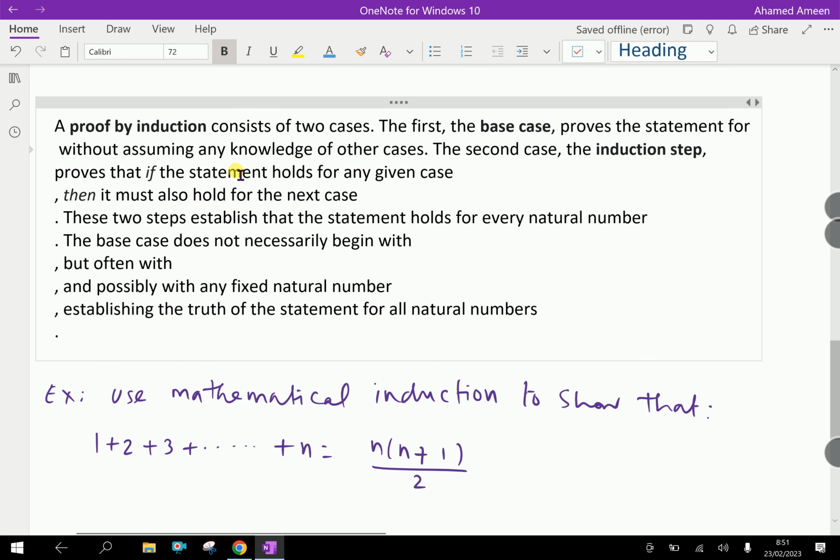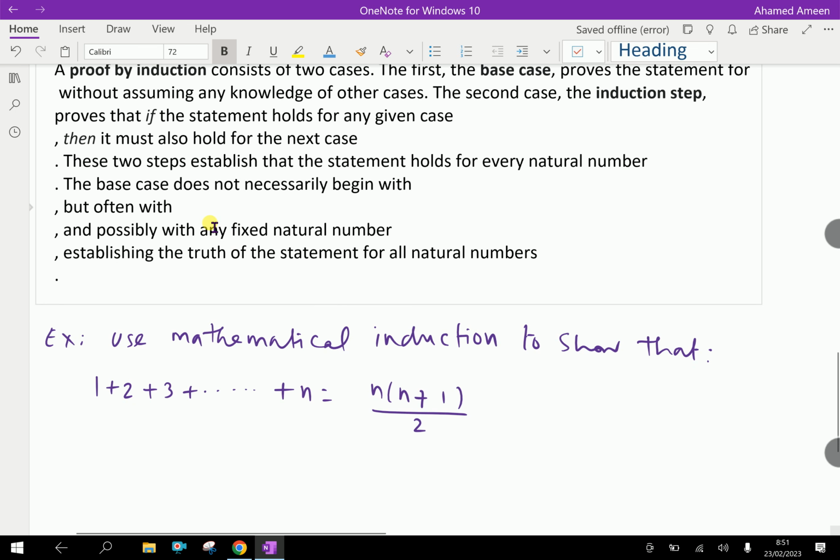A proof by induction consists of two cases. The first, the base case, proves the statement for the first value without assuming any knowledge of other cases. The second case, the induction step, proves that if the statement holds for any given case, then it must also hold for the next case.